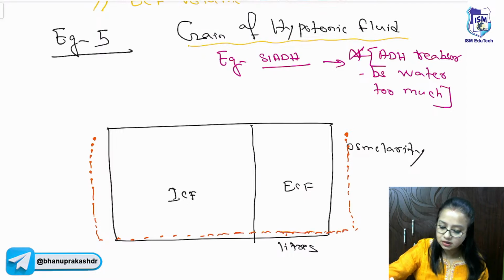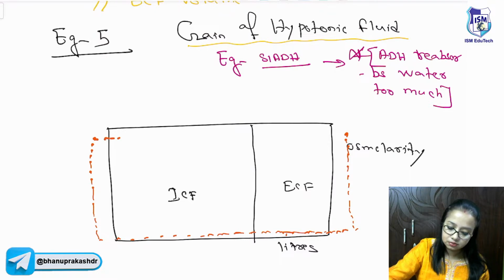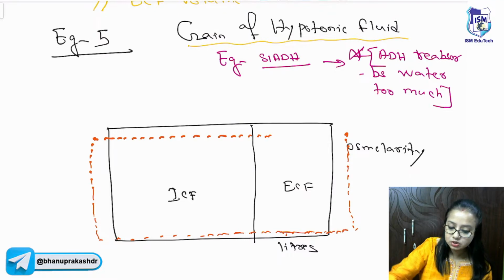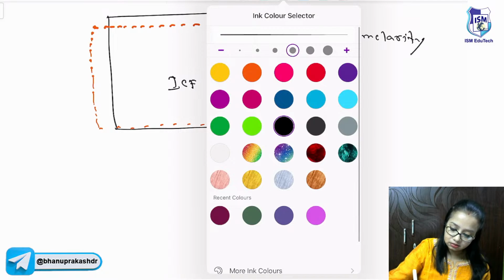But the solution is hypotonic, meaning water is more and the osmotically active substances, the minerals which exert the osmotic pressure, are less. So the osmolarity will come down.